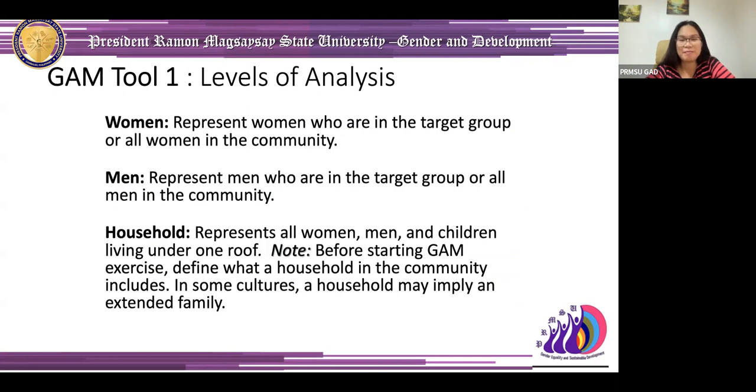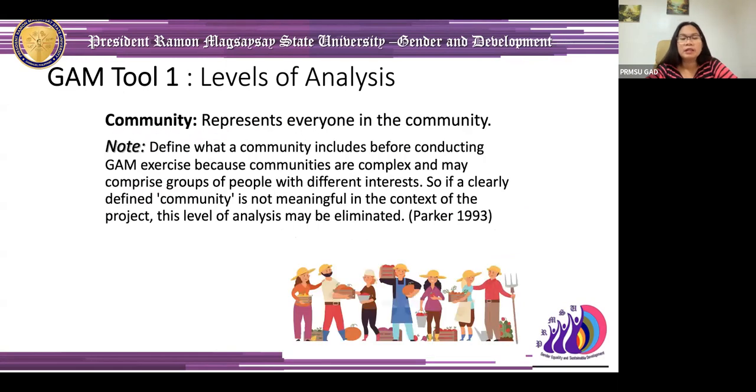Of course, we should have men also to represent the community. And then ang households naman, it represents all men and women and even children in their households, okay? So community represents its holistic na. It's as a whole, it's taken as a whole. It represents everyone in the community.